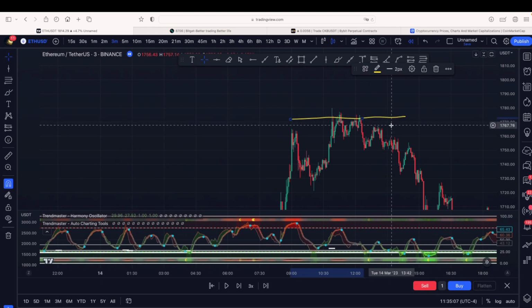This is why 3, 4, 5 to 1 risk reward allows you to take the trade continuously, re-entering 3, 4 times until you make profit on the trade.